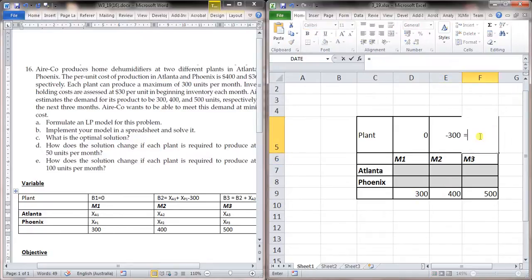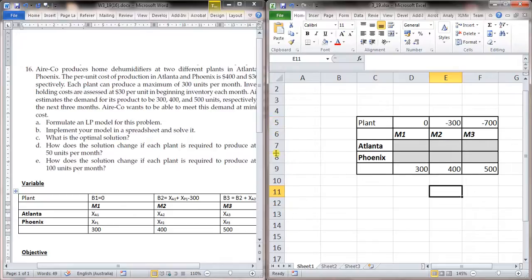This is equal to the sum of this plus this to this minus demand, and there are no restrictions on this.